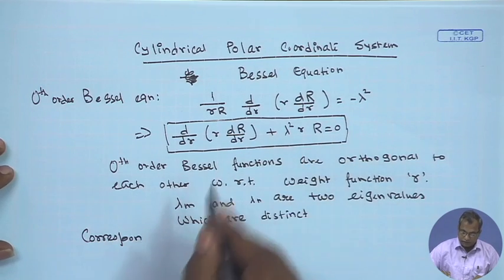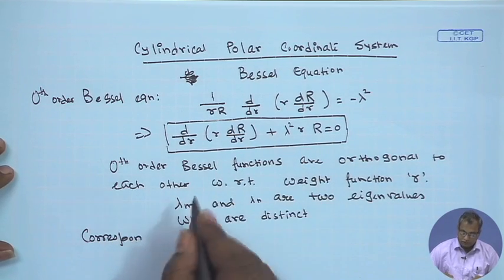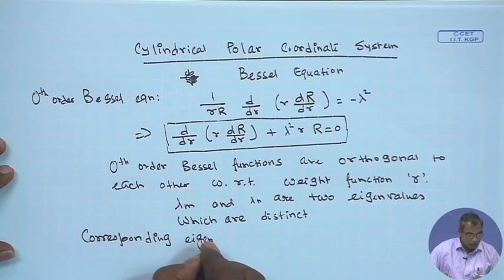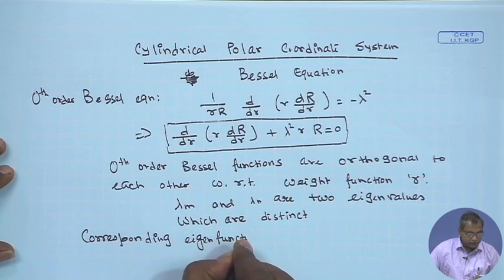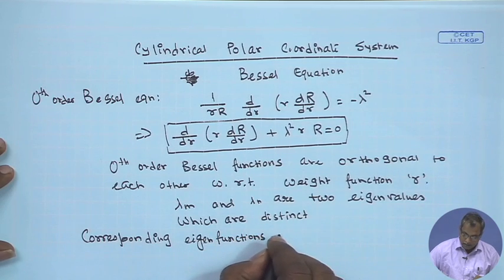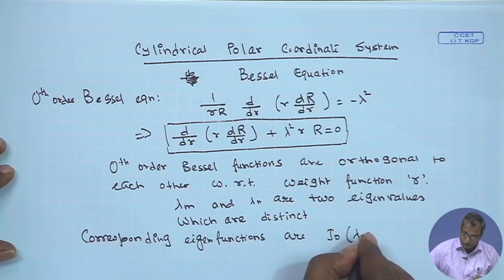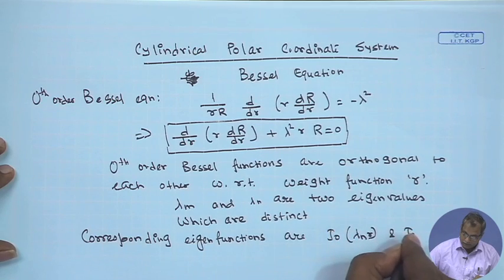0th order Bessel functions are the eigenfunctions to this Bessel equation. So, therefore, the corresponding eigenfunctions are J0 lambda n r and J0 lambda m r.